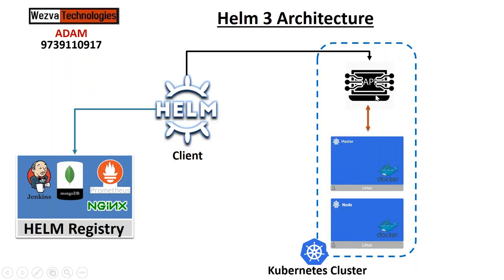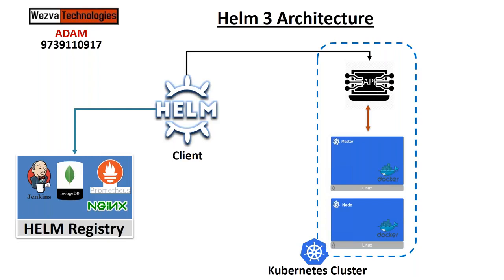So now you are not going to communicate to the Kubernetes API directly. You're going to use the Helm client, and the Helm client will be communicating to the Kubernetes API on the master. Okay, so this is how Helm is going to work.